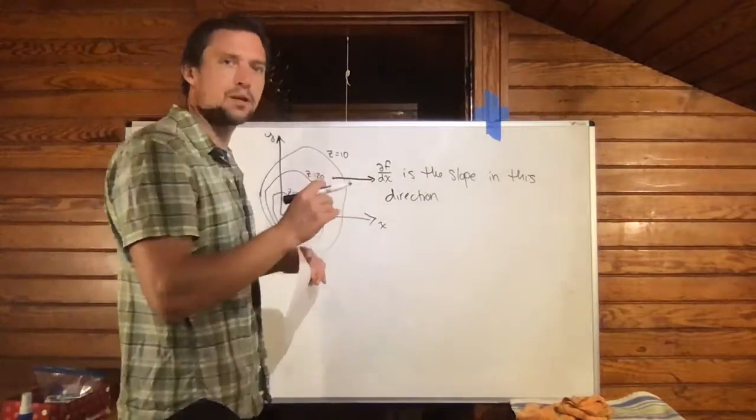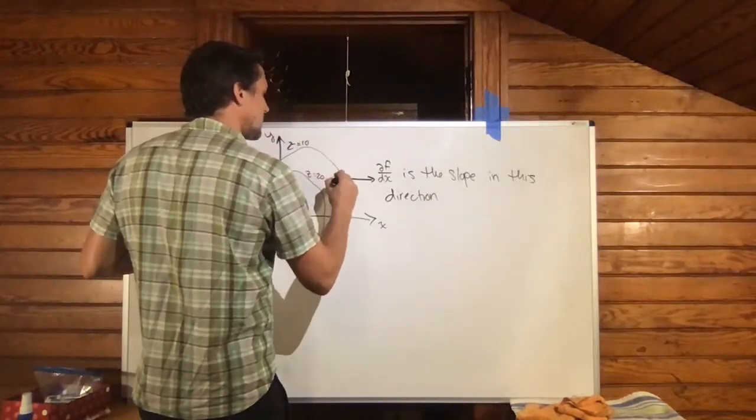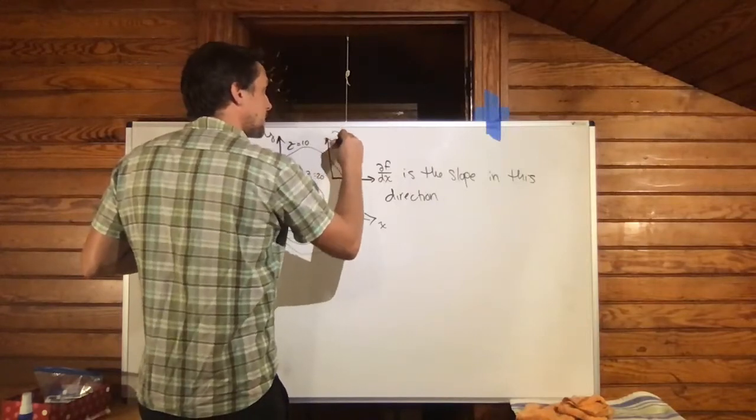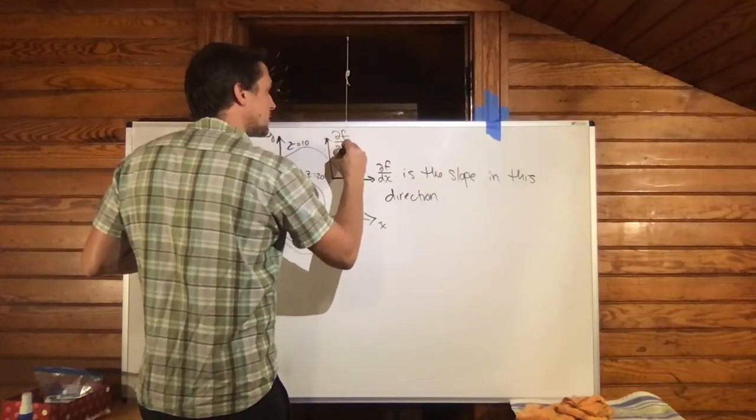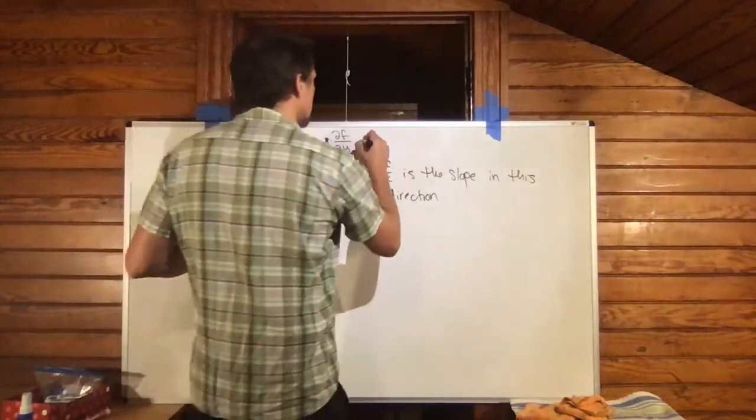Similarly, here's z is equal to 10. The partial derivative of f with respect to y is the slope in front of me.